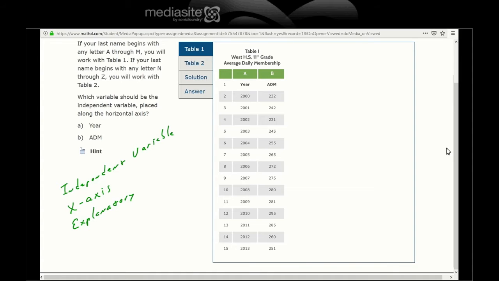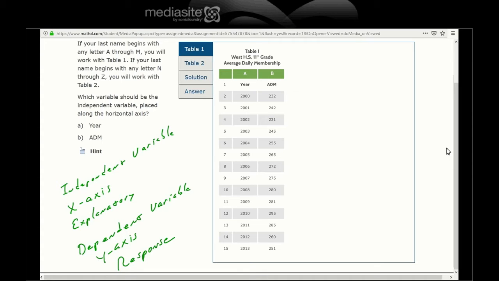So the x will try to explain what's happening in y, the response, which would be the dependent variable, by the way. Y-axis, response.